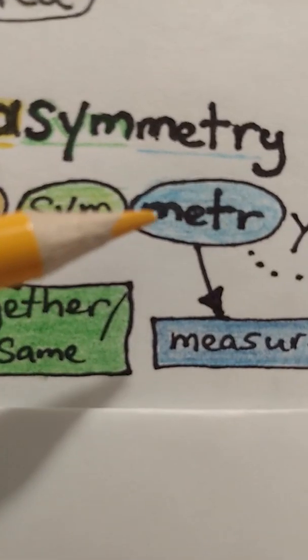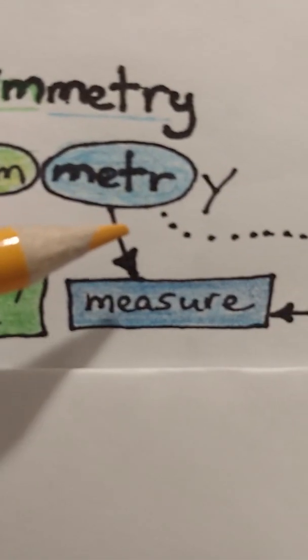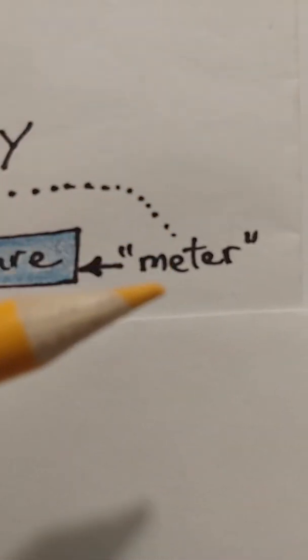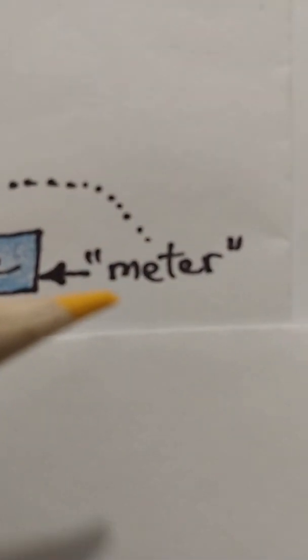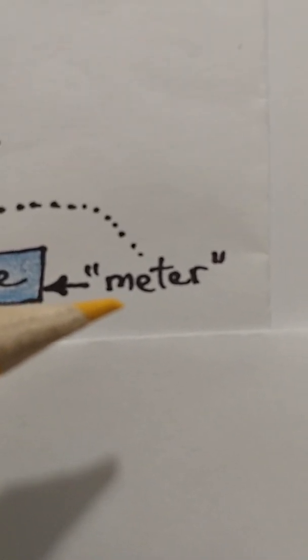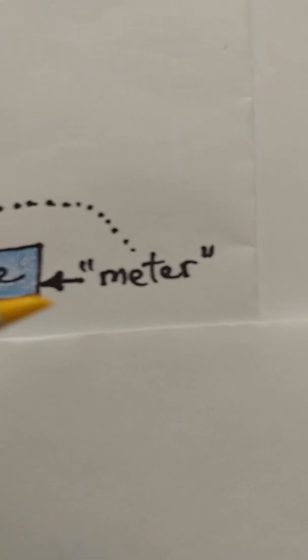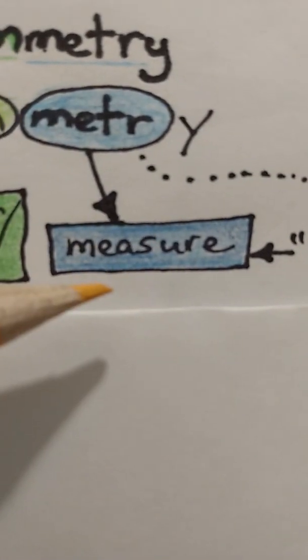You may recognize in the root concept meter a word that we have imported and use frequently in English, meter. We meter things, and we use different types of meters to measure.